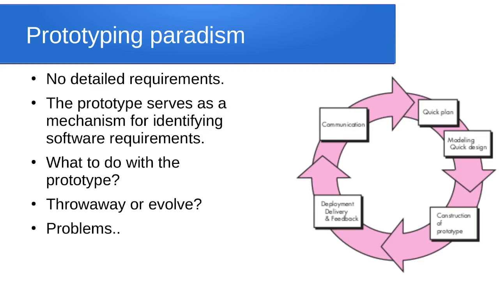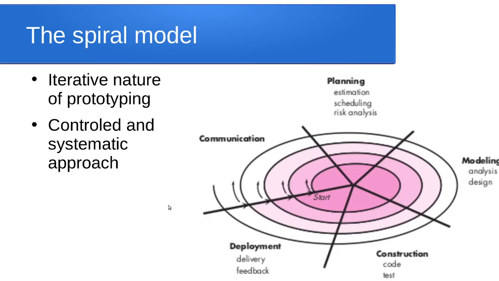Apart from prototyping, there is something called the spiral model. In the spiral model, we have to understand that it is also iterative in nature, but also uses a controlled and systematic approach. In each iteration they go through these activities: communication, planning, modeling, construction, and deployment. This may take a little longer than prototyping.